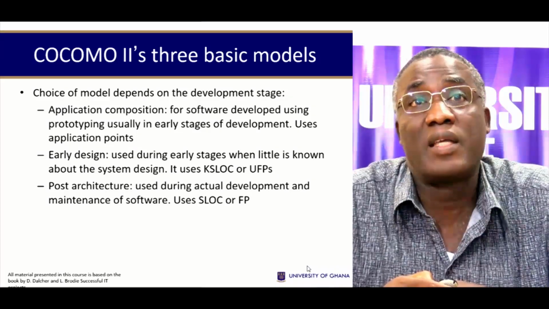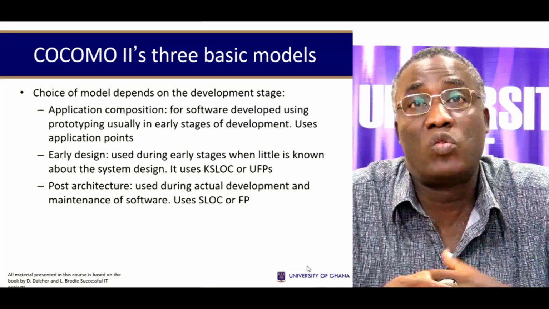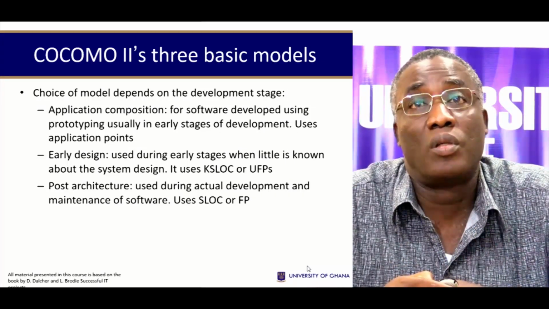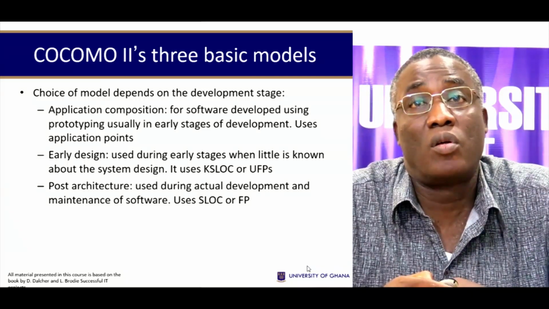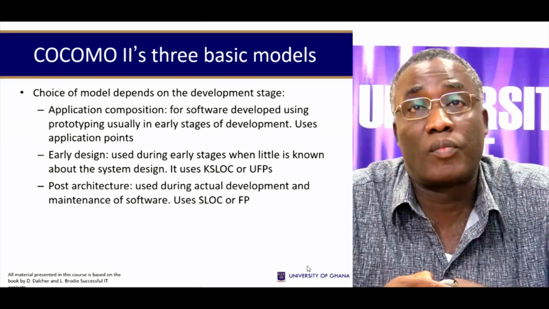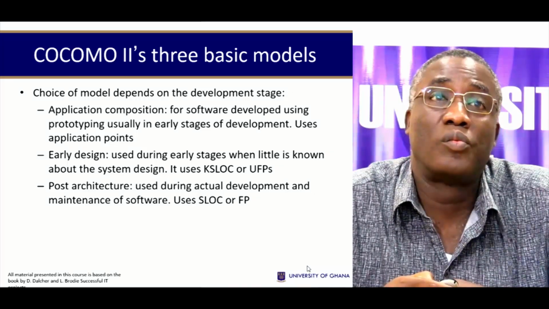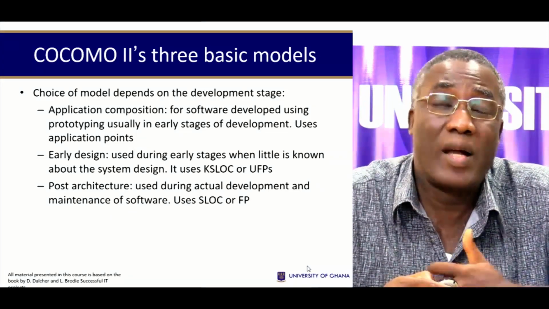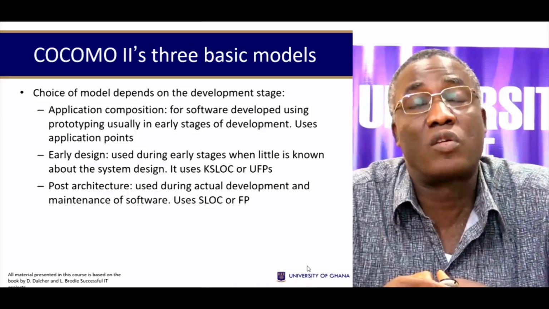Or you can use the early design, which is useful at the early stages when little is known about the system at all, and this is based on source lines of code. Or you can have the post-architecture, which is used during the actual development and maintenance of the software.